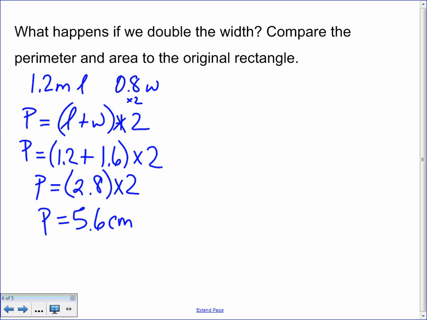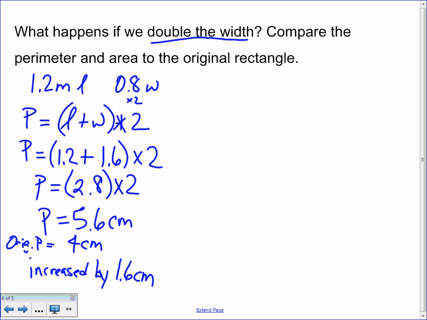Originally, my perimeter was 4 centimeters. So by doubling the width, I've increased my perimeter by 1.6 centimeters. If I move over to the area, area equals length times width. My length is still 1.2.